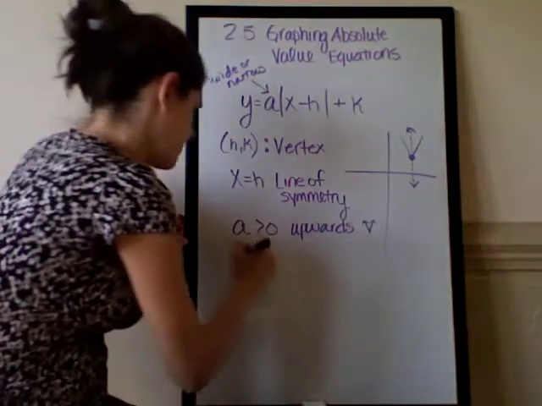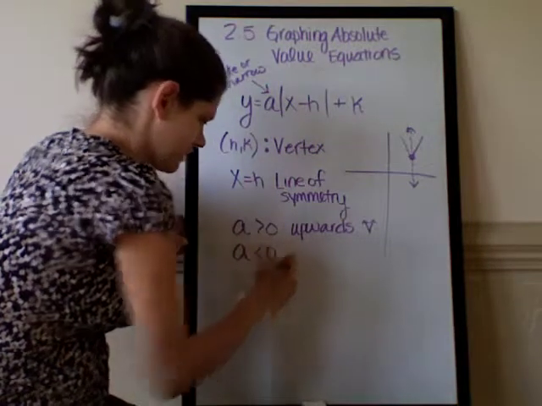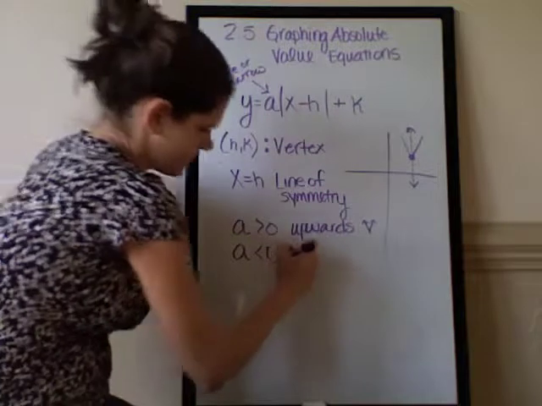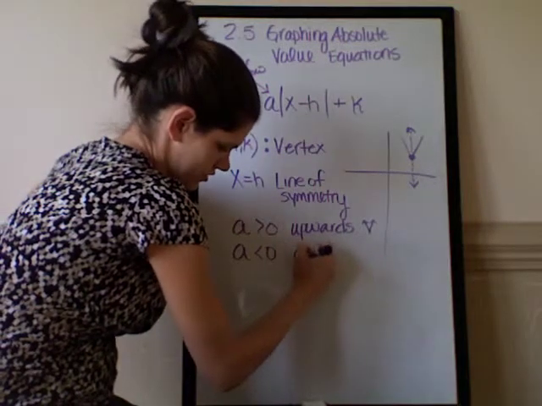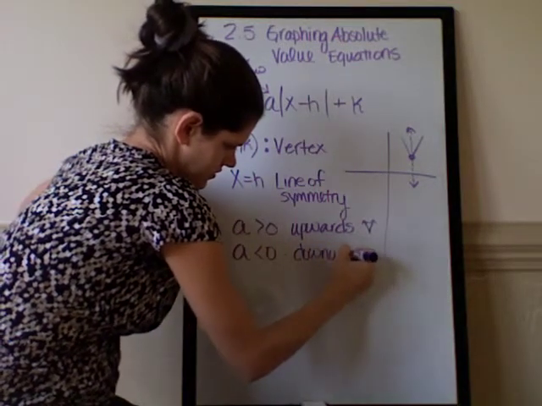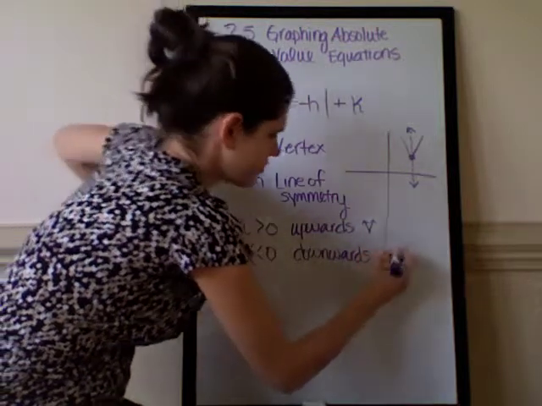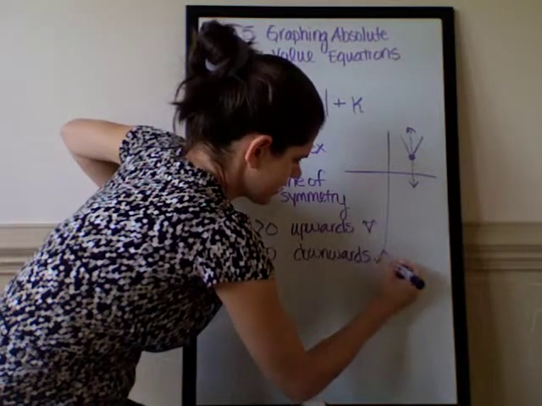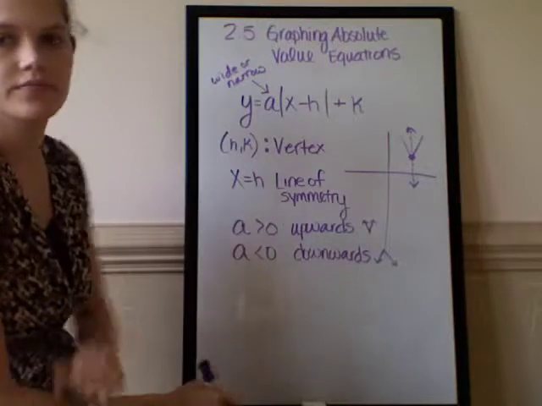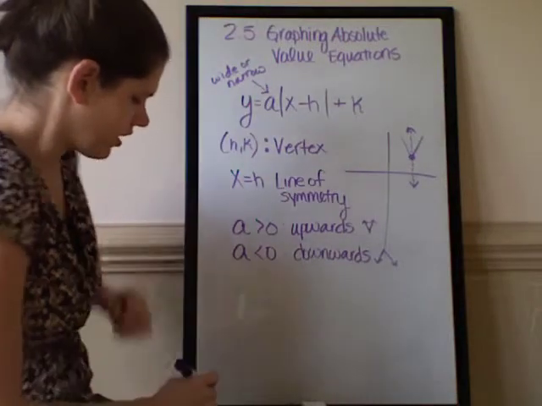If a is less than 0, so if it's a negative number, I'm going to be pointing downwards, which means my V will be upside down.